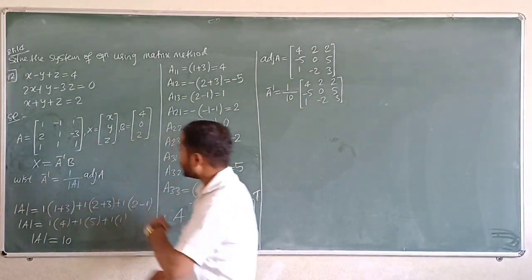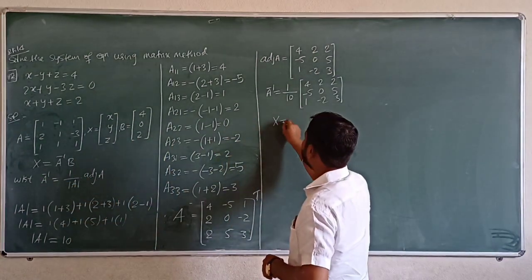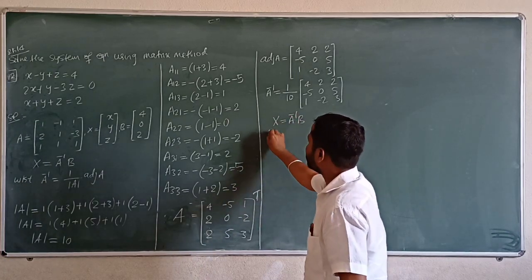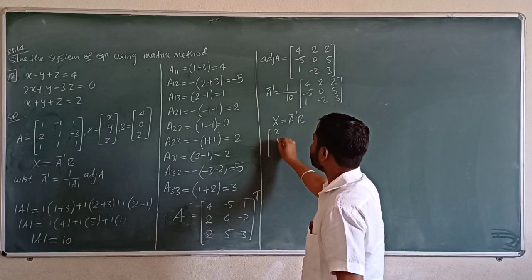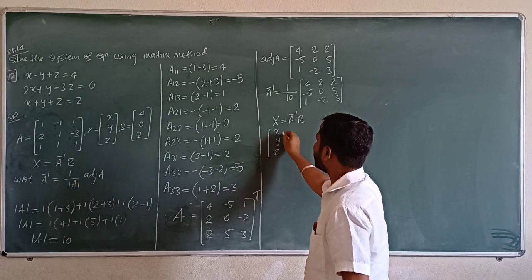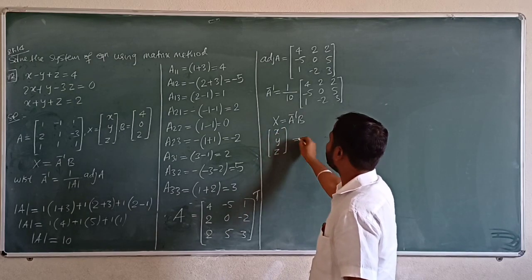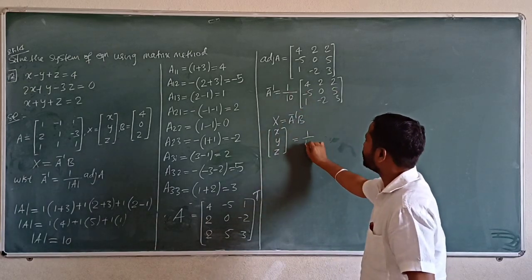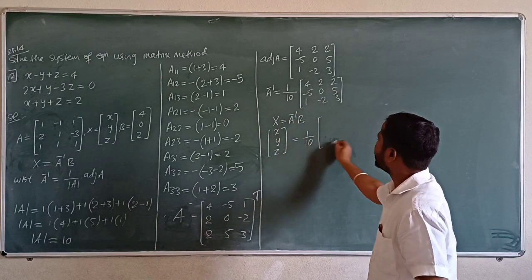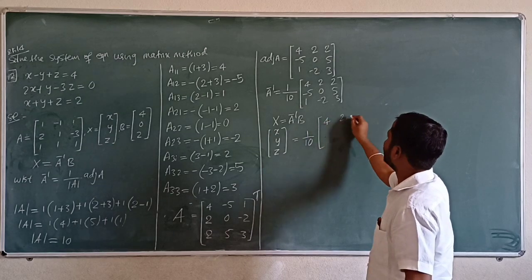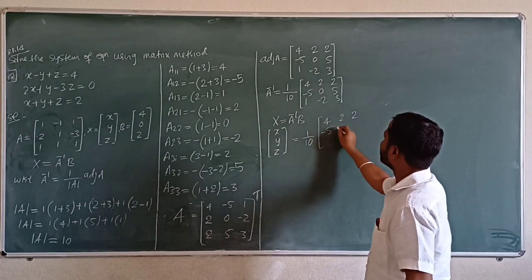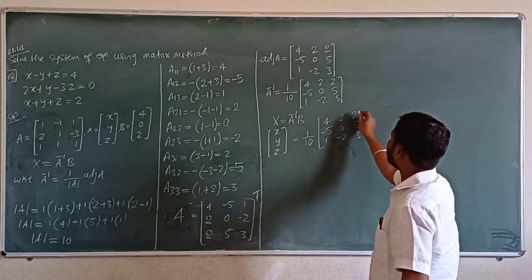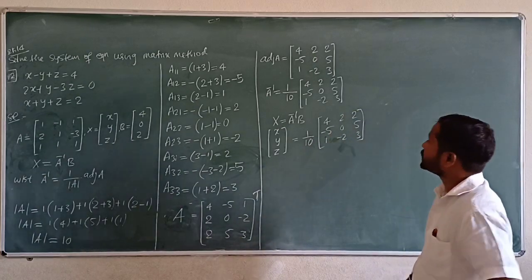Take up the matrix method condition here: X is equal to A inverse into B now, right? X meaning the variables x, y, z is equal to 1 by 10 into 4, 2, 2; minus 5, 0, 5; next 1, minus 2, 3 now. Which answer is it?